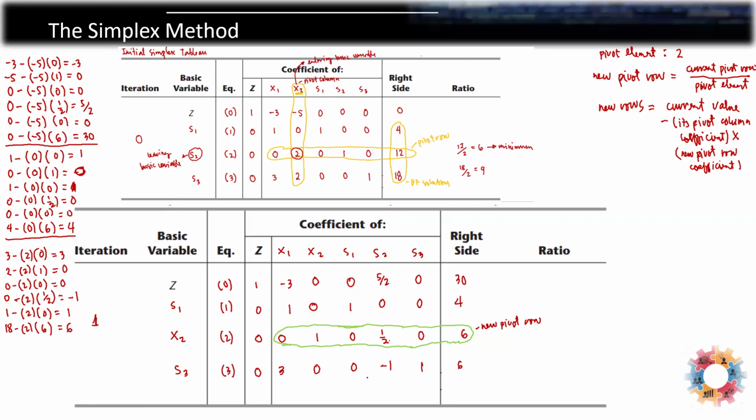The pivot column corresponding to iteration 1, second simplex tableau, is determined by choosing the column with the most negative value. And that would be the first column actually. This one. So this is your pivot column.